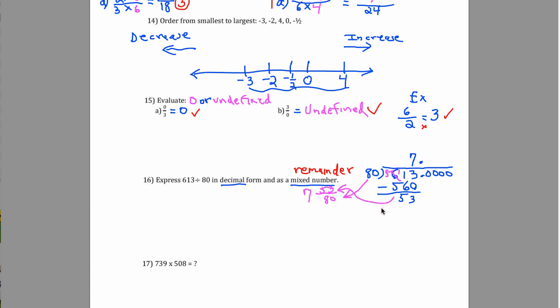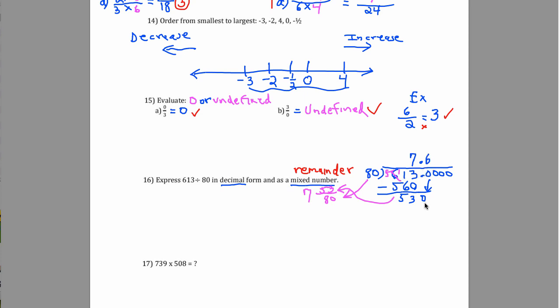Now to get the decimal part, we continue. We'll bring down the next digit, which is a 0. And now we'll try 80 into 530. 80 into 530, this time 7 we know will be too much, because that would be 560, but it's not off by too much, so let's try 6.